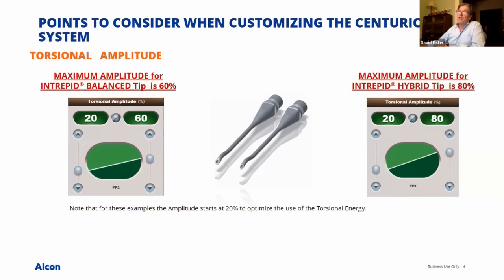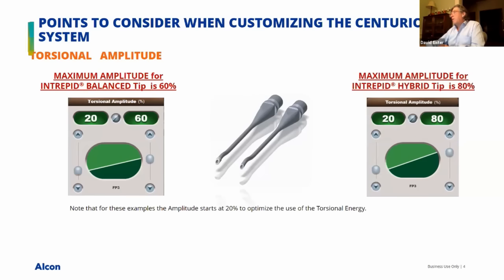So one thing that I just wanted to point out in terms of parameters here is that if you're using a Centurion system, you want to consider having an offset at the initiation of nozzle amplitude. The reason is when you're at very low ends, really nothing happens. No cutting really takes place. And we recommend a maximum of 60% amplitude.